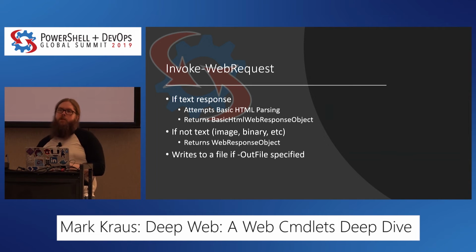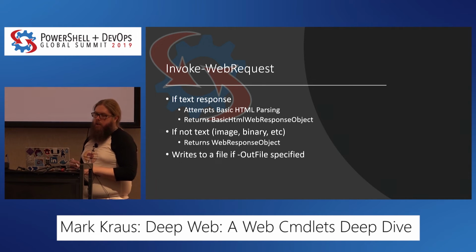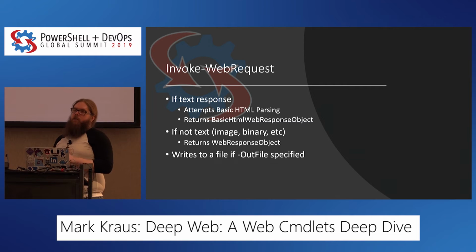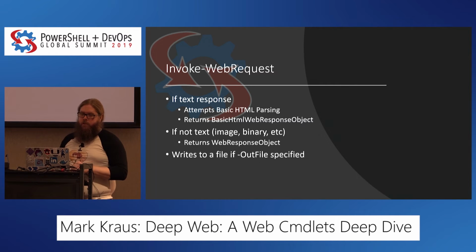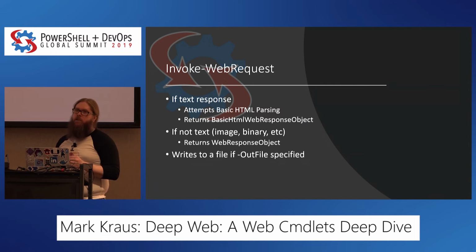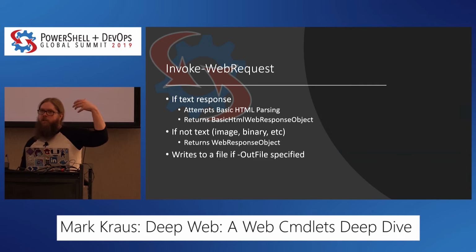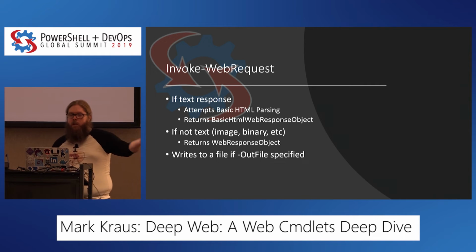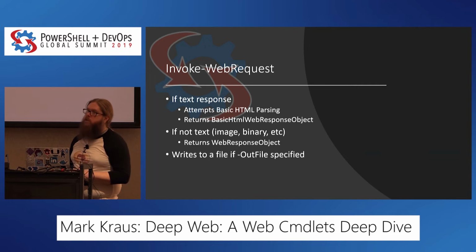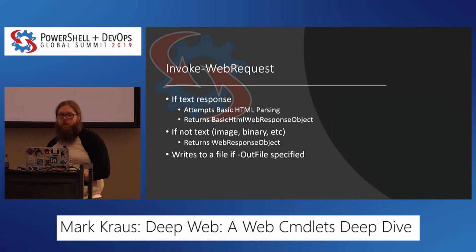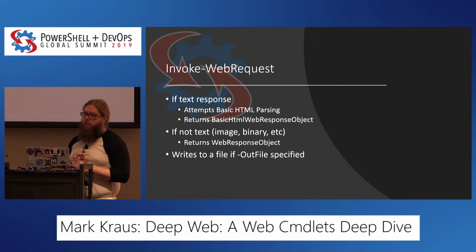So Invoke-WebRequest then. It derives from that base class. So what it's doing after the base class has gone and got the response for us is it comes back and says, hey, is this a text response? Because if it is, I'm going to do some basic HTML parsing, and then I'm going to return a basic HTML response object.